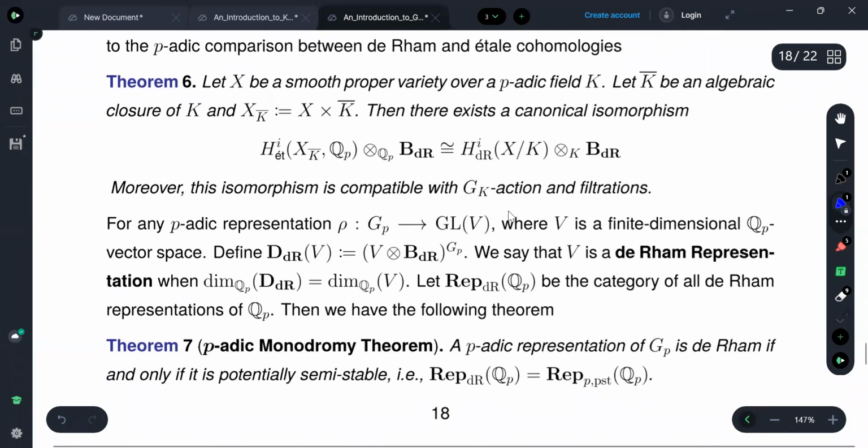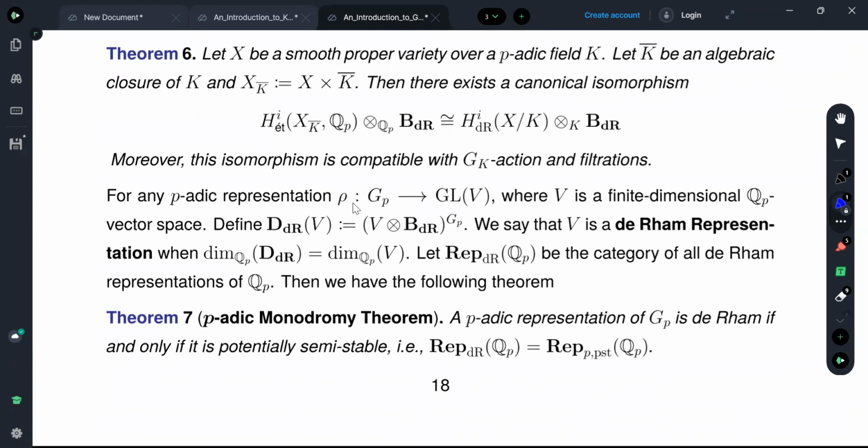If you have a p-adic representation V, then one defines DDR of V to be the tensor of V with BDR and taking the GP fixed points.